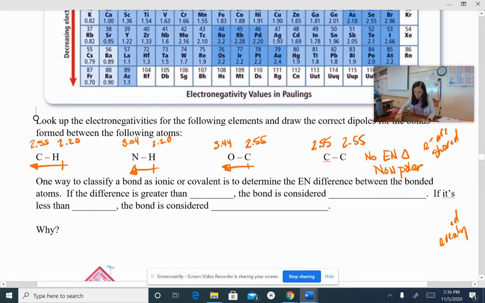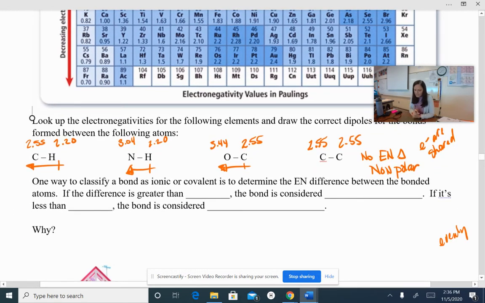So, one way to classify a bond as ionic or covalent is to determine the electronegativity difference between the bonded atoms. If the difference is greater than 1.7, the bond is considered ionic. If it's less than 0.5, it's considered nonpolar.